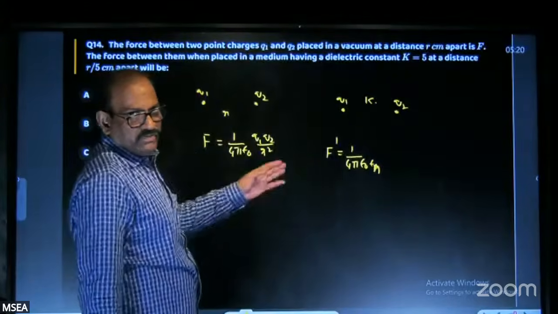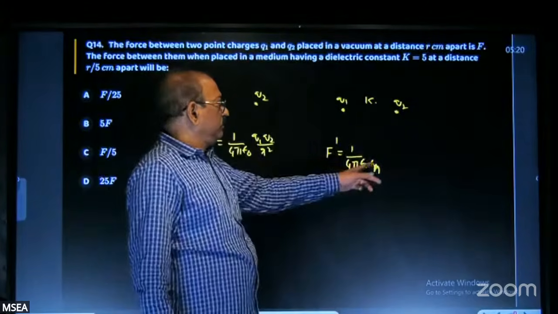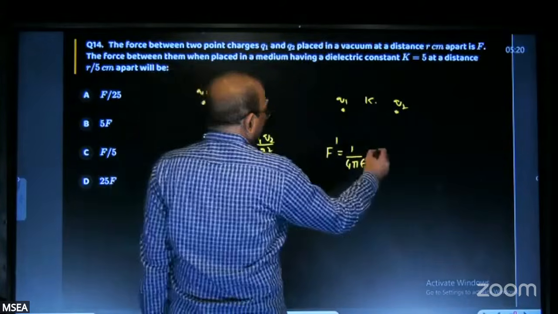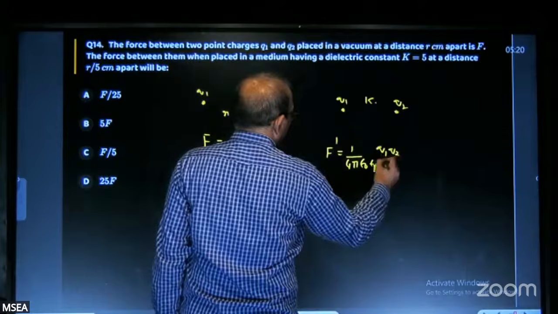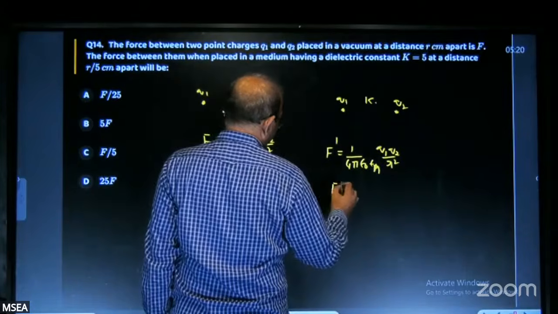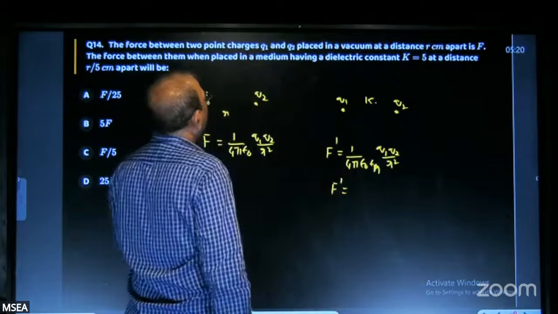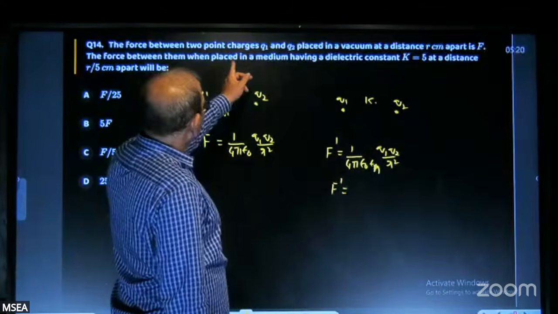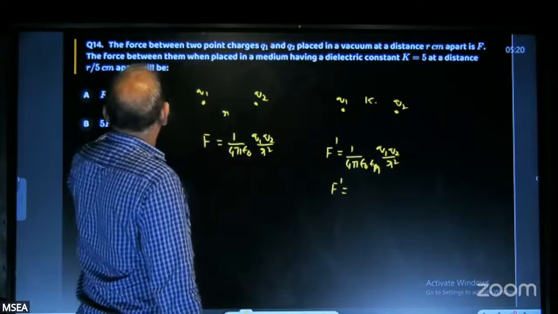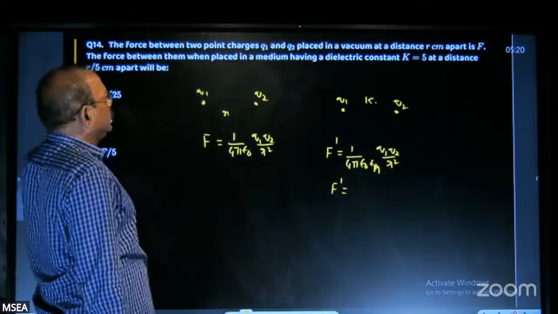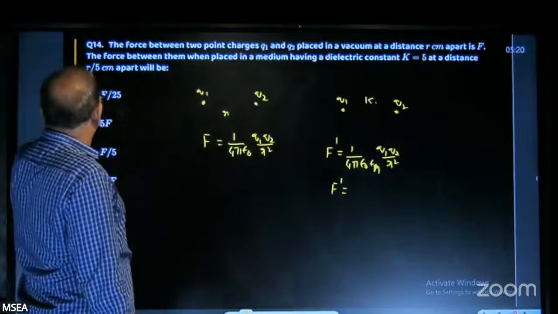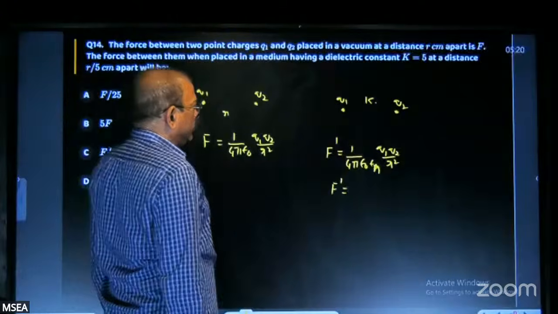Relative permittivity of that medium, also called the dielectric constant K. Now what is given? There is some medium of dielectric constant phi between these two charges, and he changed the distance also. Earlier distance is r, now it is r by phi, distance decreased.